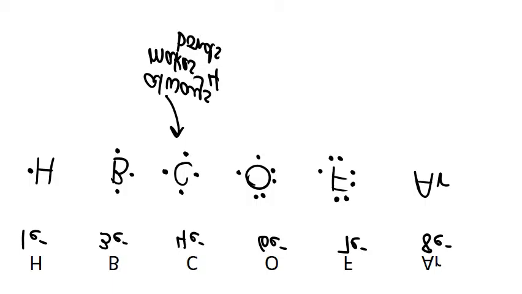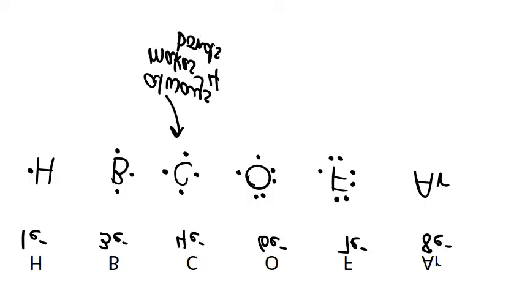Now, if we talk about boron, boron's got 3 valence electrons. And so you would think that you would want to put 2 electrons together as a pair and then a third one. But when you do that, you've only got 1 electron that's available for bonding, and you don't want that to happen. So before this thing makes bonds, we want those electrons to be unpaired. So what I'm actually going to do is fill in an electron on each side that's available to me. Now boron's got 3 unpaired electrons.